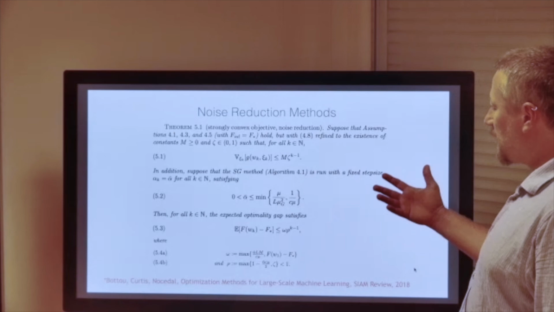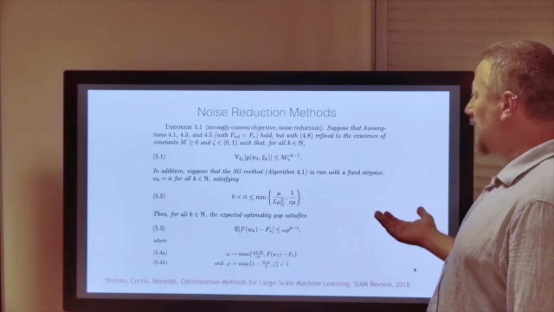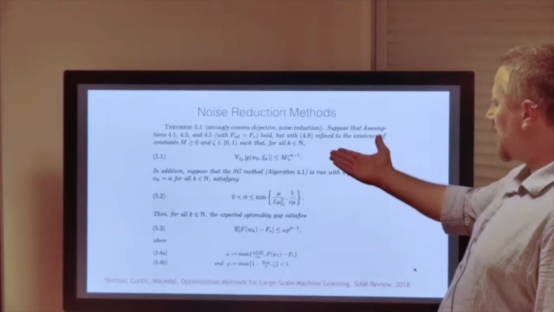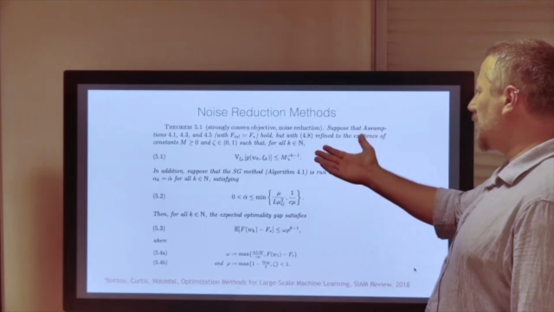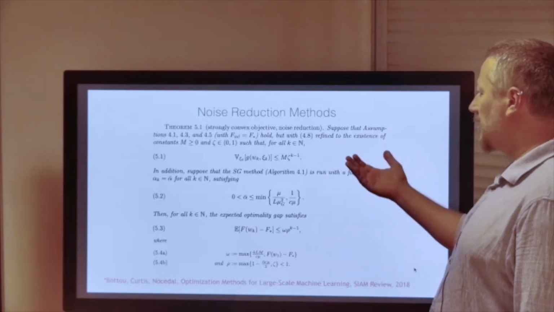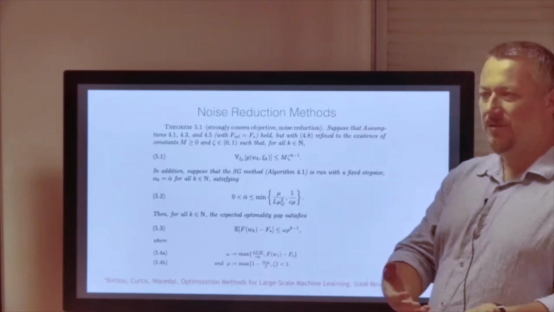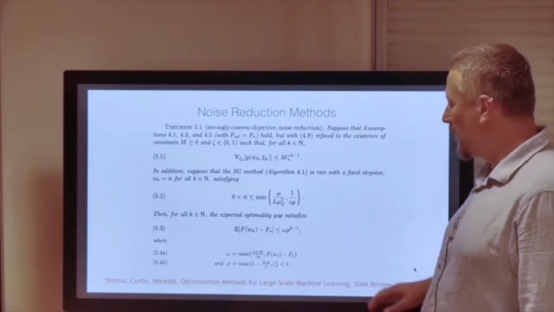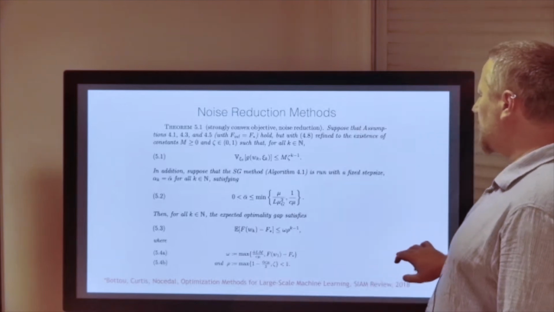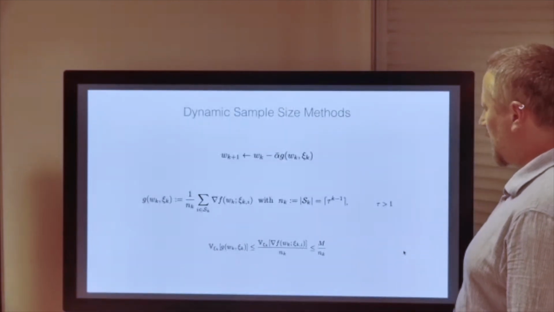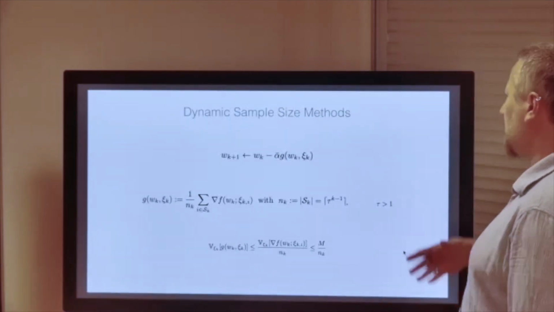So what I want to do is look at methods which satisfy a noise reduction, methods that reduce the noise in the gradients. I'll just look at a few. One is the dynamic sample size method.